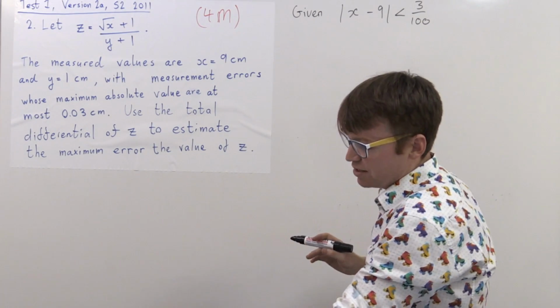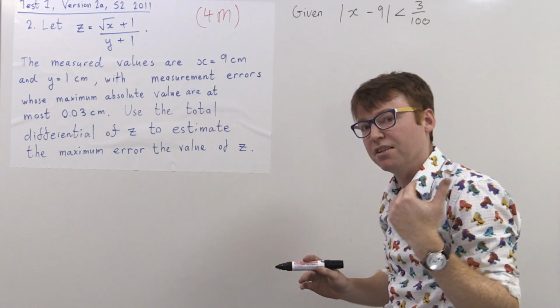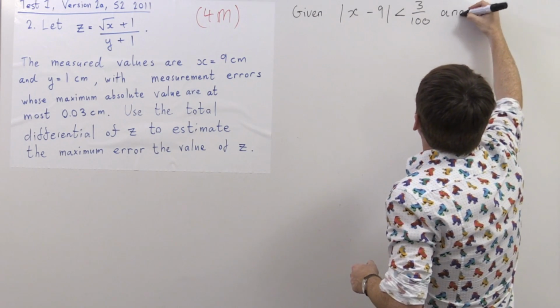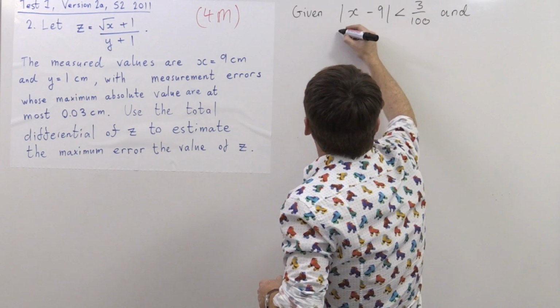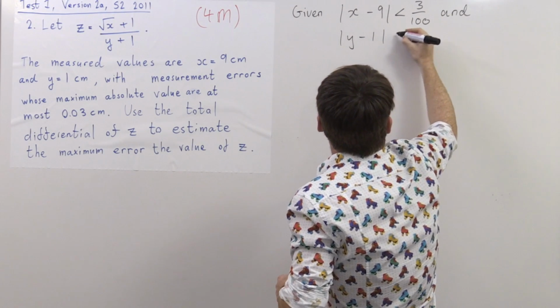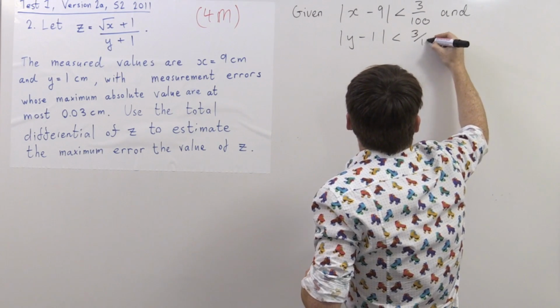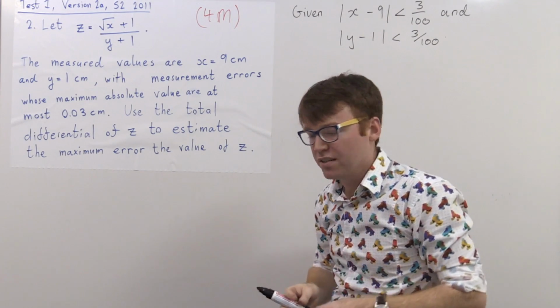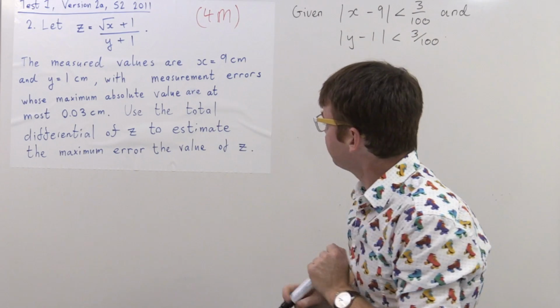Could be 9 minus 3/100ths or 9 plus 3/100ths or somewhere in between. We also know that |y minus 1| is less than 3/100. So this is all we know about x and y. They're more or less 9 and 1.